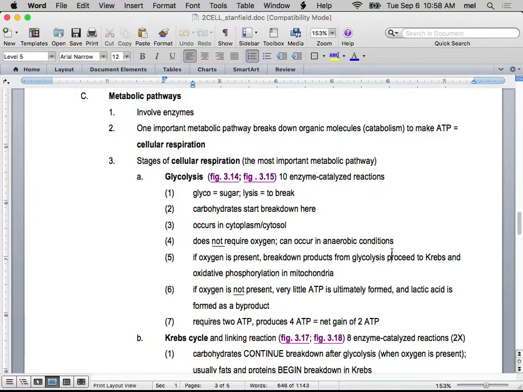Okay, so we're going to start with a simplified version, an unbalanced summary equation of cellular respiration. Specifically, we are going to do cellular respiration of glucose. We will learn, of course, that you can burn other sugars, you can also burn fats, and you can also burn proteins. But they always start with the classic, in part because this is your brain's favorite.